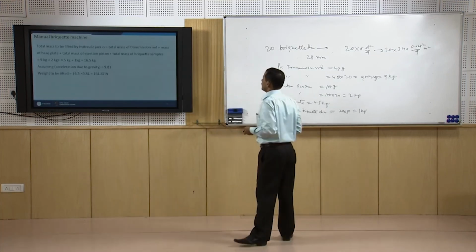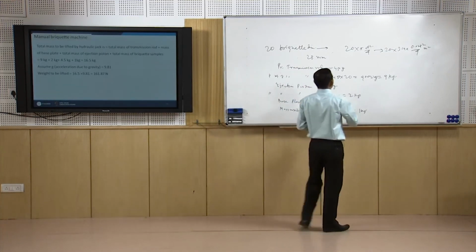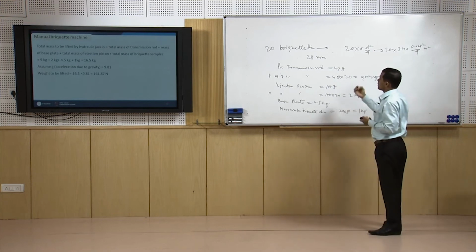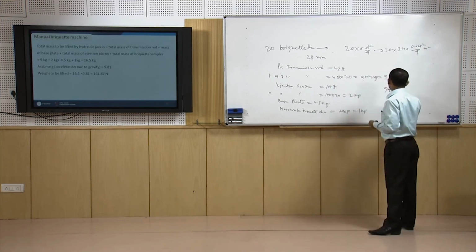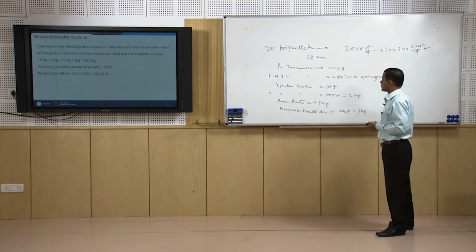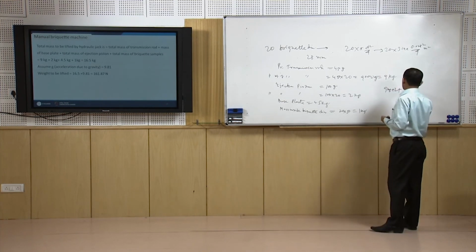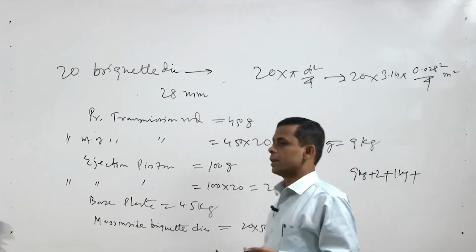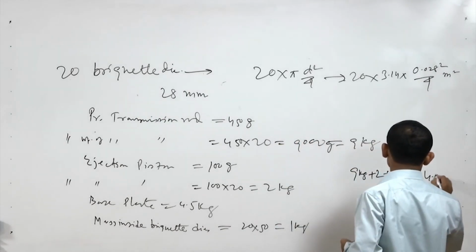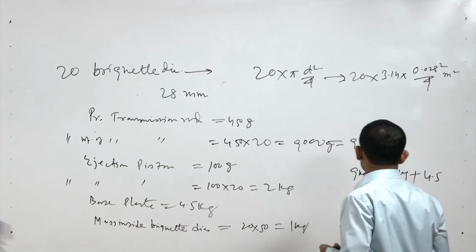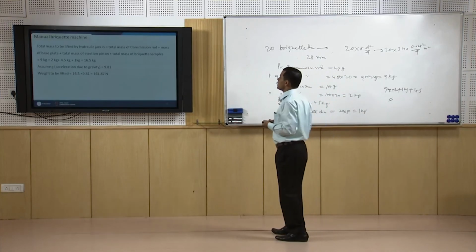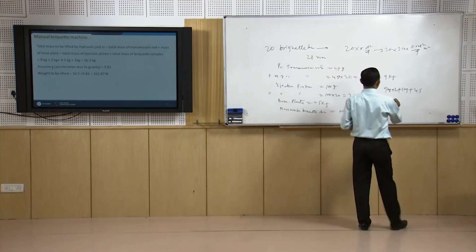We can calculate: the transmission rods, that is 9 kg, plus the ejection pistons 2 kg, plus the briquettes, that is 1 kg, plus the base plate, that is 4.5 kg. So we are getting the total equal to 16.5 kg.